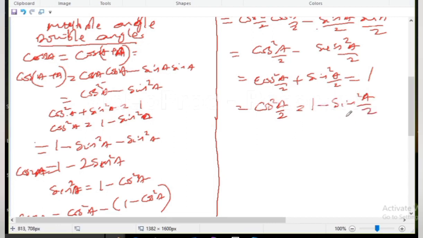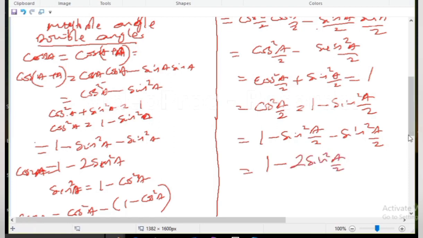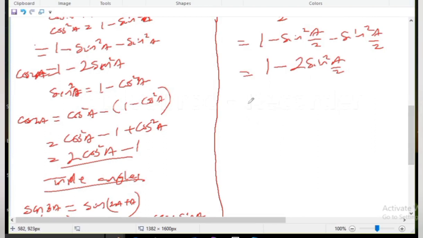If you put this into this, you will have 1 minus sine squared A over 2 minus sine squared A over 2. So the answer is going to be 1 minus 2 sine squared A over 2. Then again you have sine, if you express it in terms of cos, sine squared A over 2 equal to 1 minus cos squared A over 2.